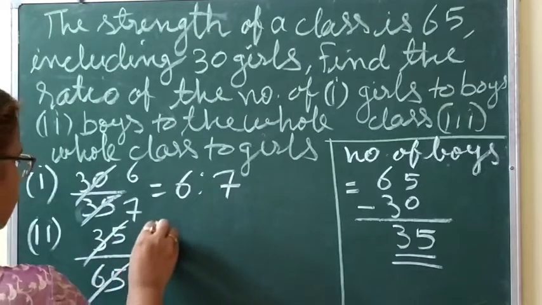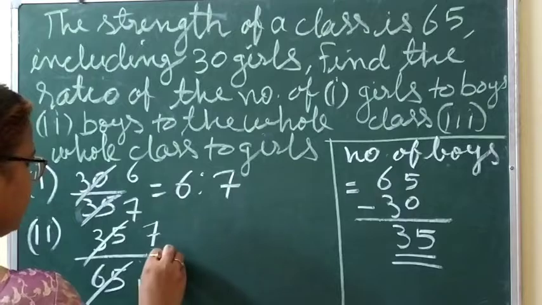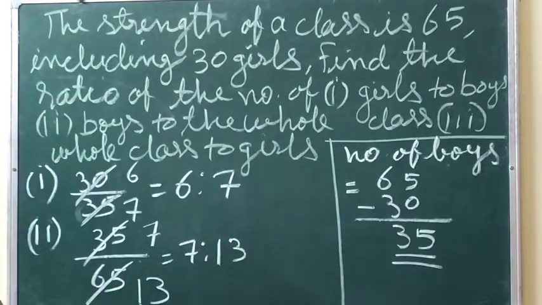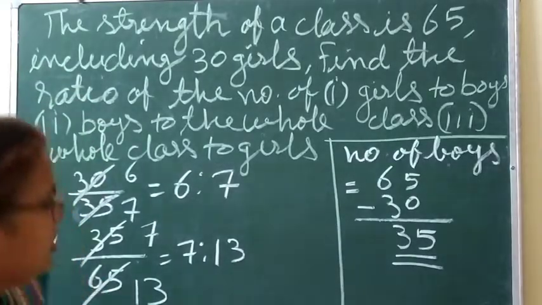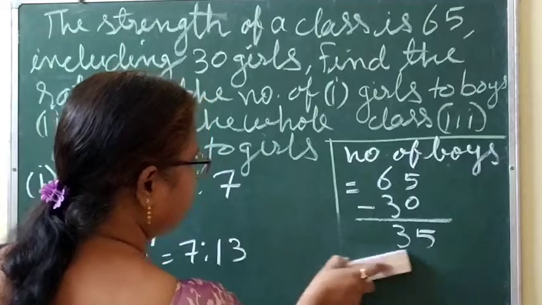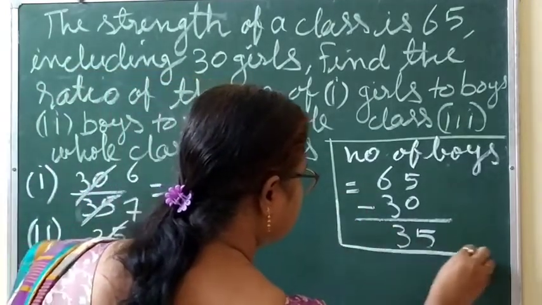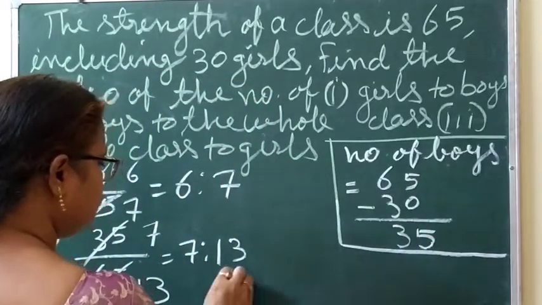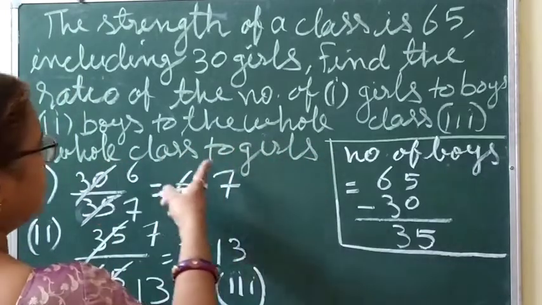Now cancel it. 5 7s are 35, 5 1s are 5 and 5 13s are 65. So the ratio is 7:13. And the third one, whole class to girls.